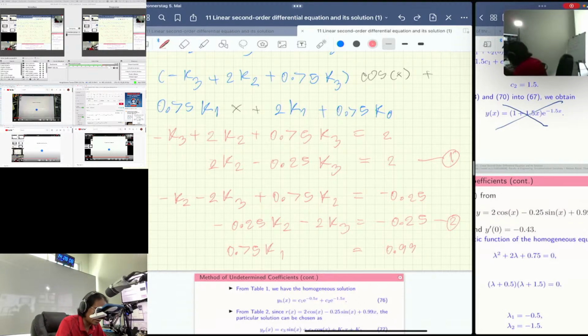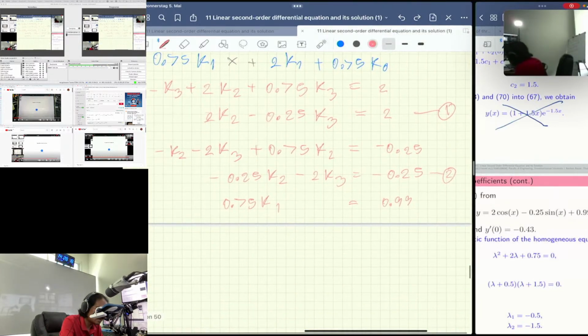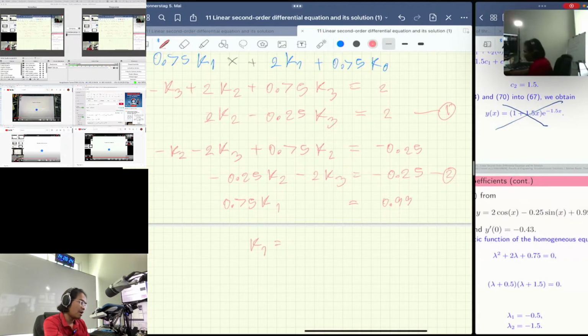This is the x term, so this is the third equation, or you can solve it easily. It's not difficult, right? k1 will be 99 divided by 75. That's k1.